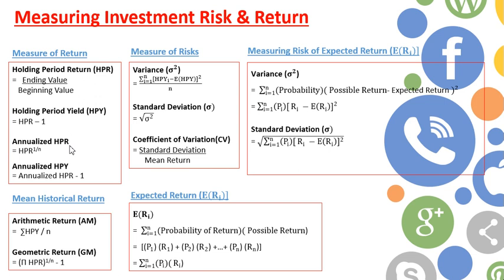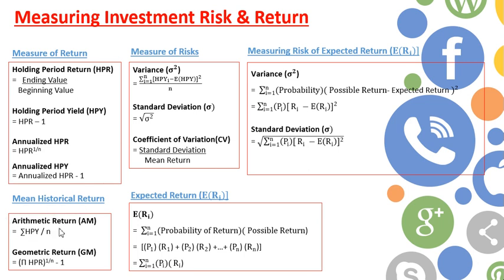This is calculated by taking the holding period return to the power of 1 over n, where n refers to the number of holding years. From here we proceed to the annualized holding period yield by taking the annualized holding period return minus 1.